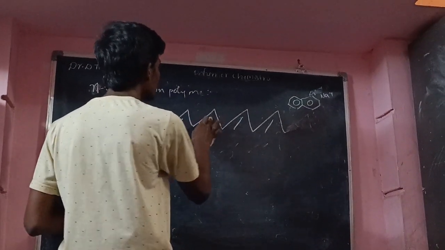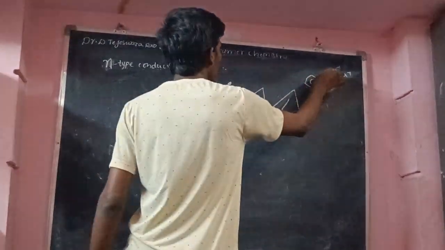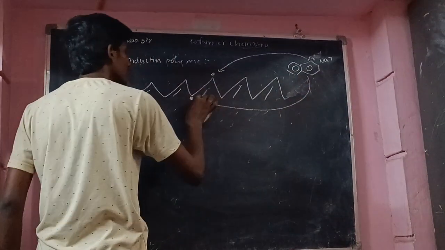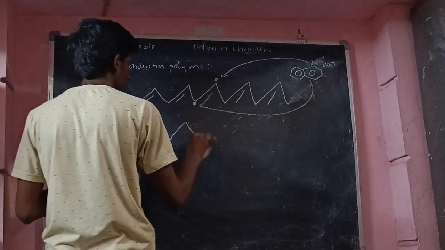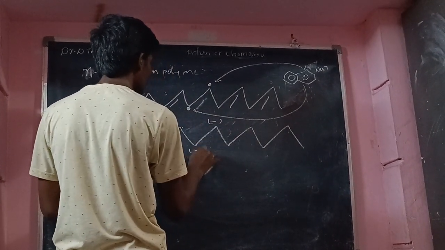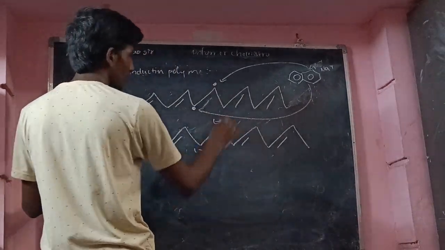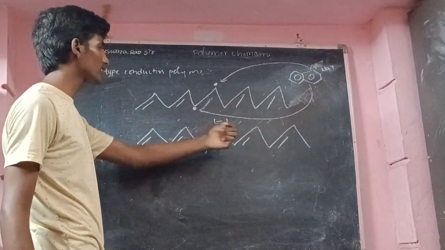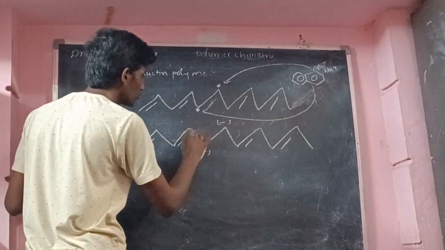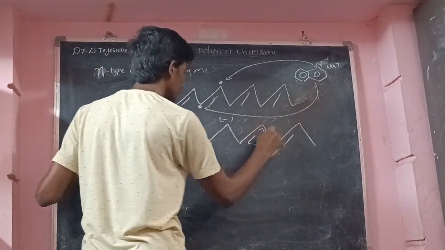This bond is represented with electrons. The Lewis base is donating the electrons to it, so we get a negative charge. Same charges are at adjacent carbons, so it is unstable. To make it stable, the electrons move from this carbon to here, and this carbon to here.